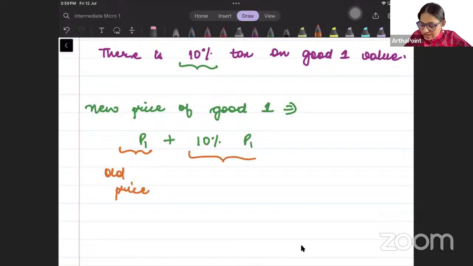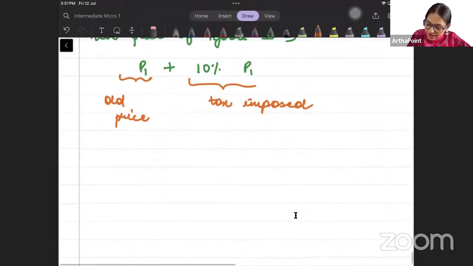And this is the tax imposed. And how are we imposing tax? How am I imposing tax, beta? In terms of some percentage. Right? It is 10% of the old price. Clear? So what will be your new price, beta?